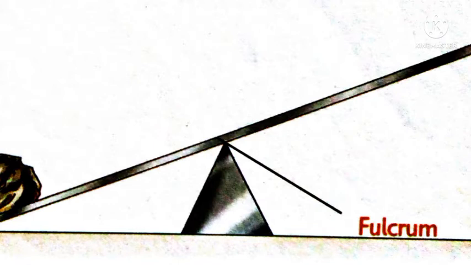Rod is any object to be moved. Fulcrum is a fixed turning point.